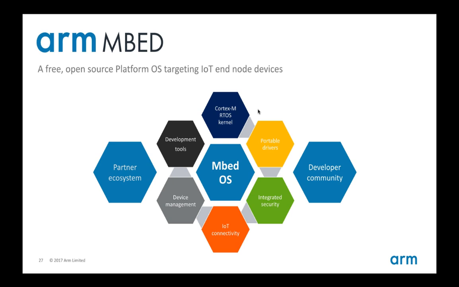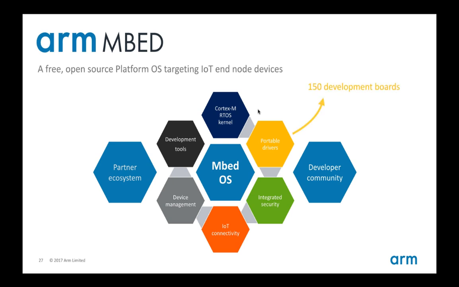We currently have 400 people working on various parts of Mbed, and it's really an abstraction layer for Cortex-M devices. It comes with an RTOS based on Keil RTX, but also a set of IoT connectivity methods, a lot of portable drivers with integrated security, and integration with the new TrustZone in v8-M. It's a really great platform operating system to get your device in the hands of customers a lot faster.